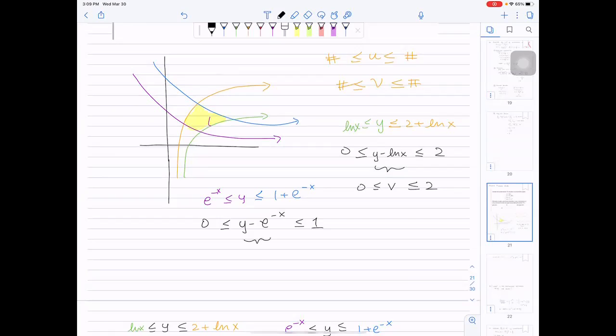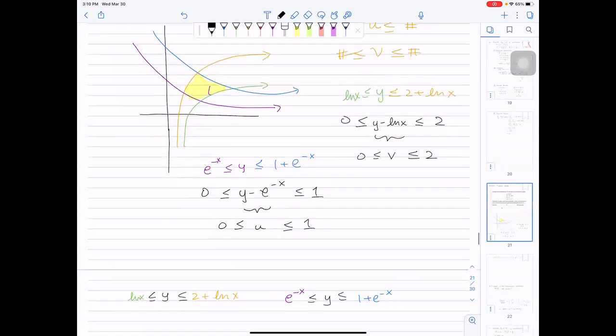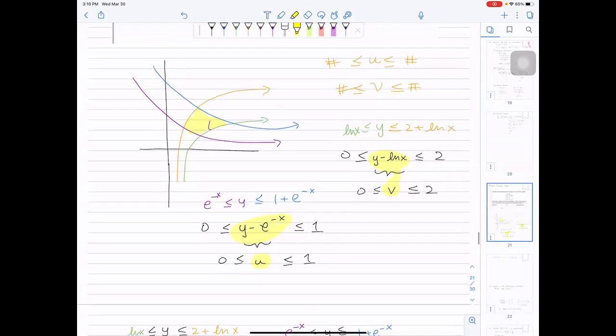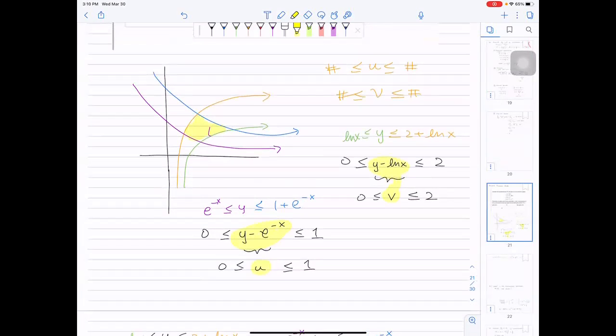And we can call this our u. So we've just chosen what our u and v should be. U should be y minus e to the negative x. V should be y minus natural log x. Any questions on how I chose those bounds?